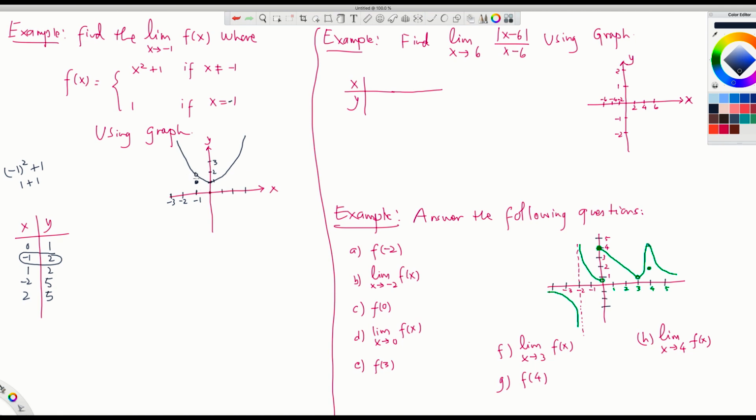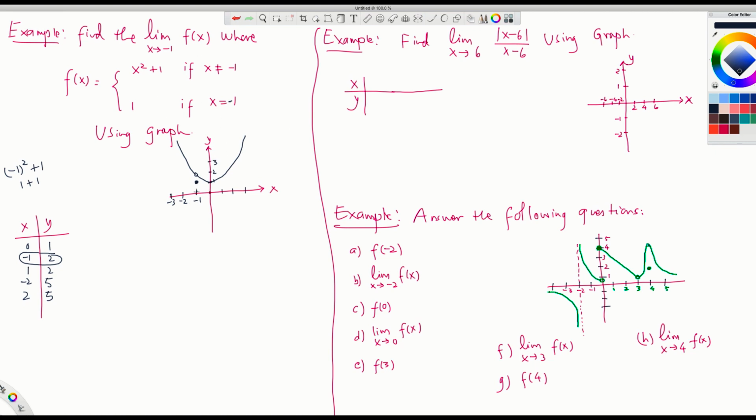That's why I have an open circle there, and the closed circle is actually the functional value. At -1, the value is 1. But at all other points except -1, it is that parabola y equals x squared plus 1. That's why I made a small hole there, and instead this is the point at -1, where the y value is 1. This is what the graph looks like. Now let us find out the limit at -1.